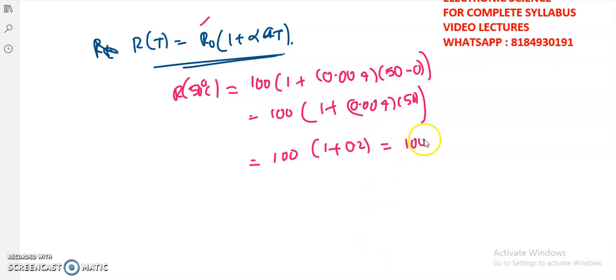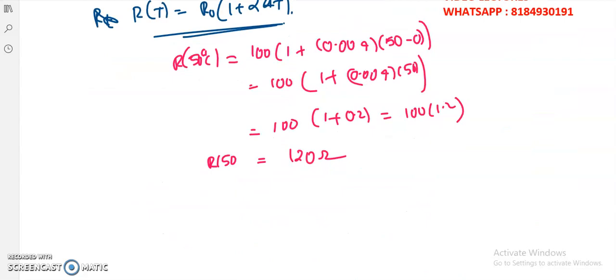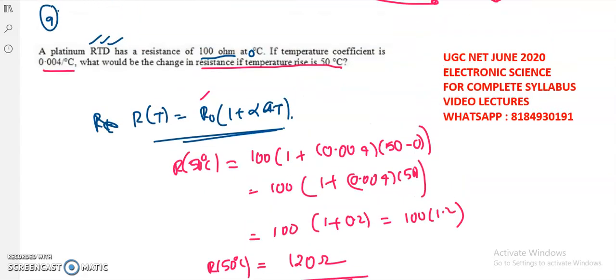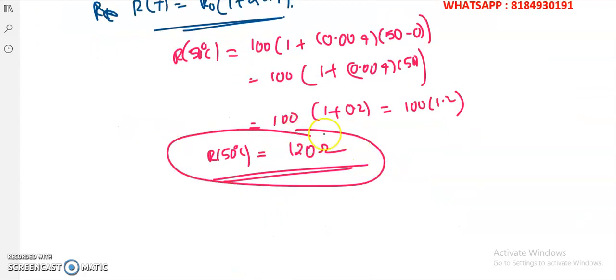So finally that is equal to 100 into 1.2. 100 into 1.2 is nothing but 120 ohms. That means the resistance of the platinum RTD at 50 degrees centigrade is 120 ohms. At 0 degree centigrade it is 100 ohms, and at 50 degrees centigrade it is 120 ohms.